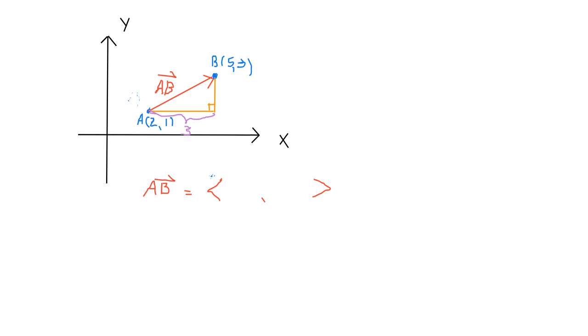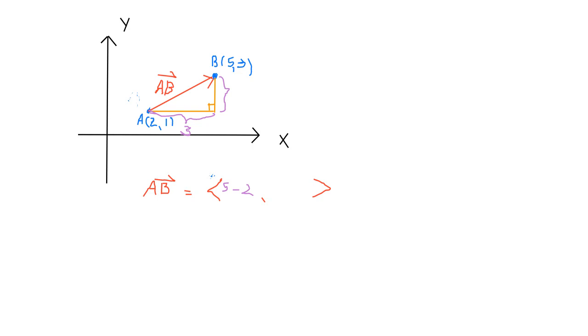Now, 3 happens to equal what? How did we get 3? The difference in the x values, 5 minus 2. Right. What about this distance here?